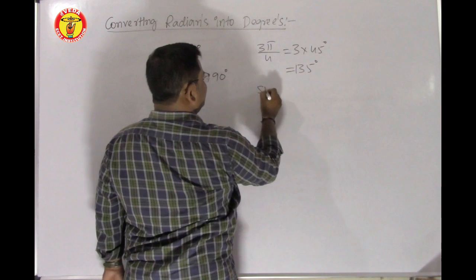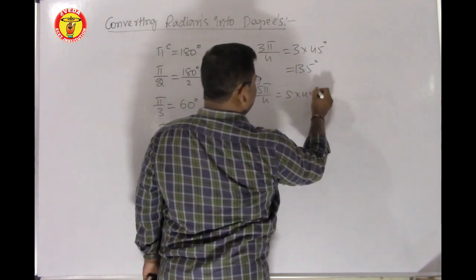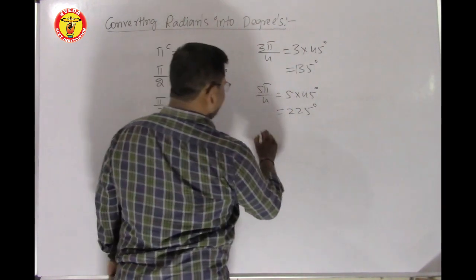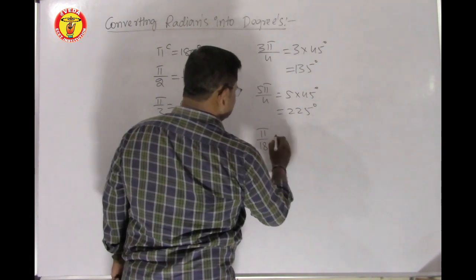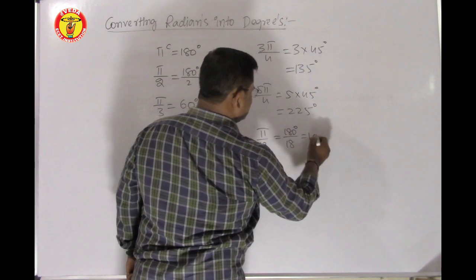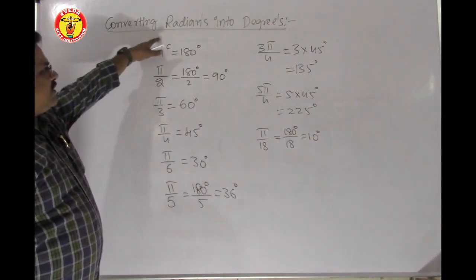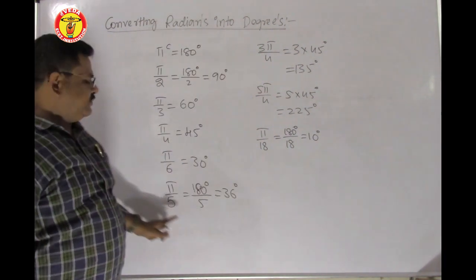If it is 5 pi by 4, that is 5 into 45 degrees, which is 225 degrees. If pi by 18 is given, we write 180 by 18, which is 10 degrees. Converting radians into degrees is very simple and very easy for us.